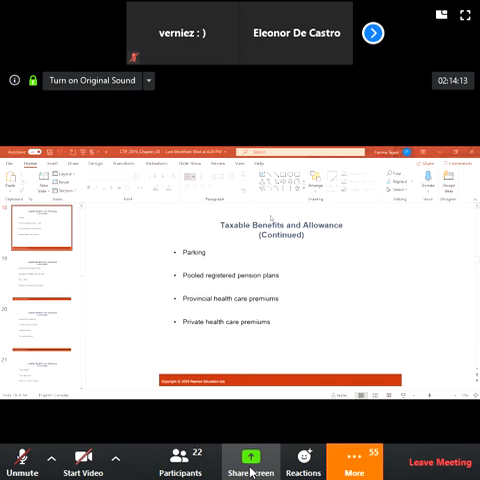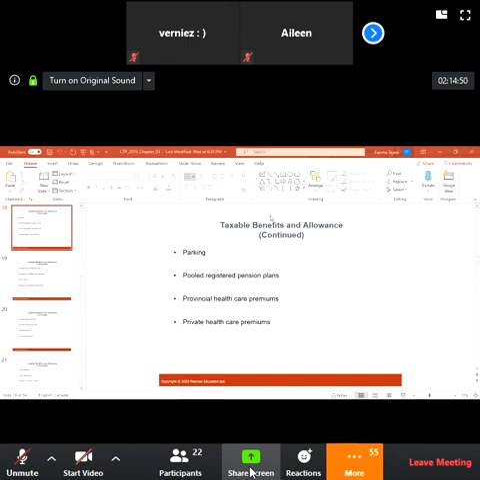Contribution by the employer to the employee's account. So if an employer makes a contribution to a PRPP for their employees, it's generally considered to be a taxable benefit under the Pooled Registered Pension Plans Act and a similar provincial act, and not under the Minister of National Revenue.